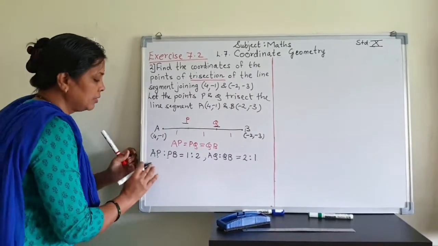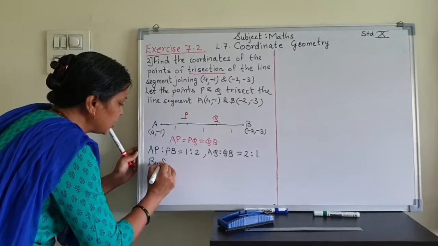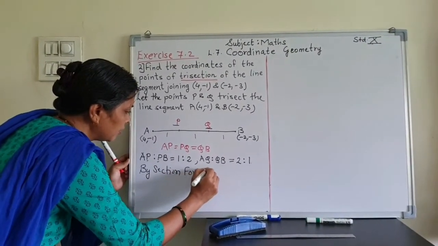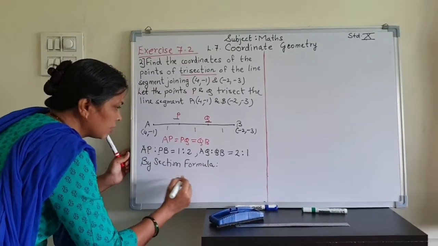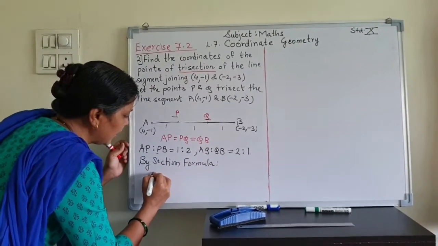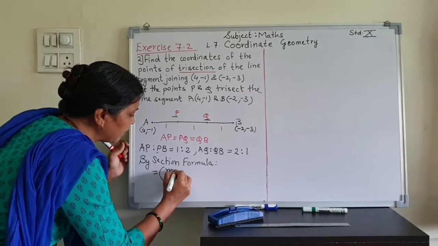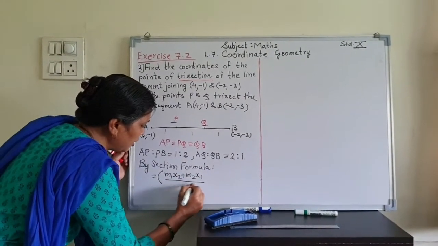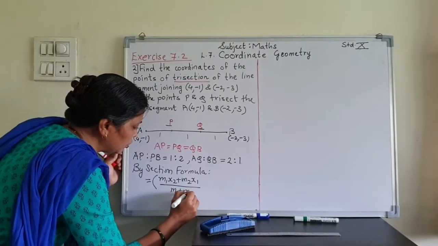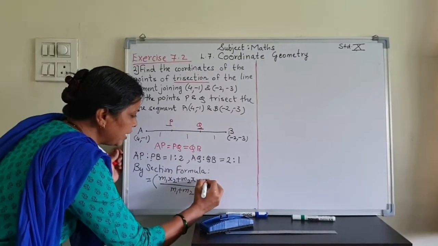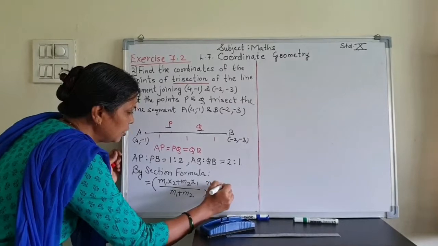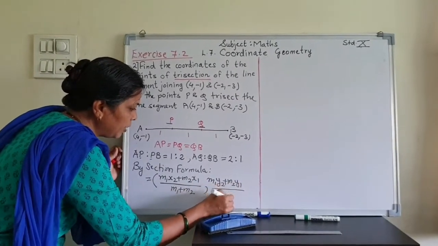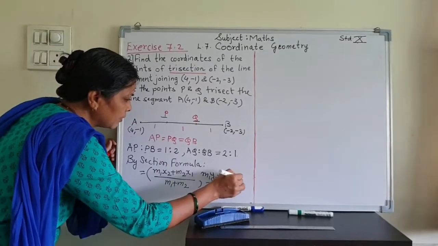So let's start with the section formula. What does the section formula say? The x coordinate is m1 x2 plus m2 x1 upon m1 plus m2, and the y coordinate is m1 y2 plus m2 y1 upon m1 plus m2.